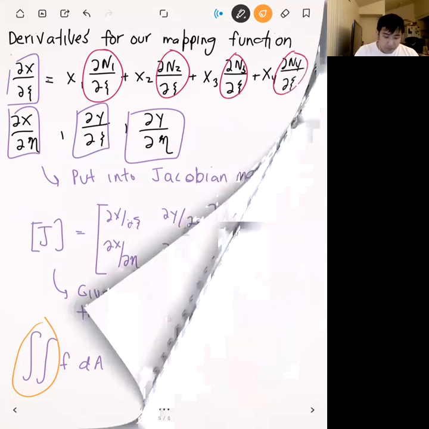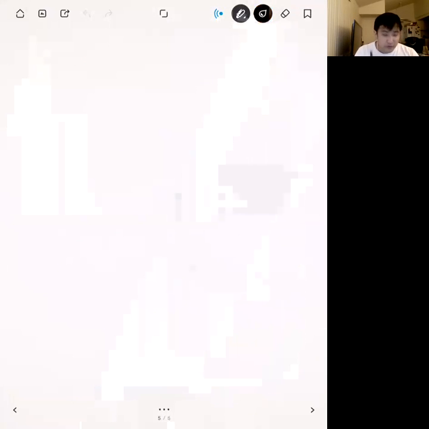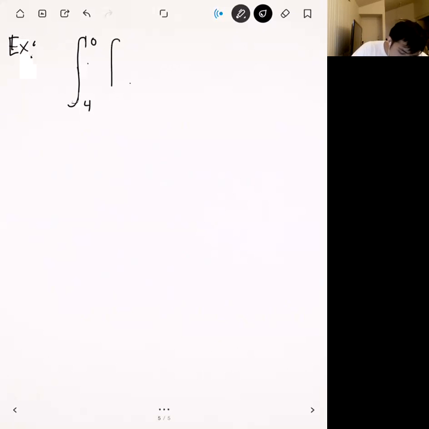Okay. And so this is totally off the cuff, so I'll try to keep it simple, but we'll see how far it goes. Okay. And so let's take a simple integral, from 4 to 10, and then the integral from 2 to 6 of just the function x times y, and we'll say this is dy dx, okay?